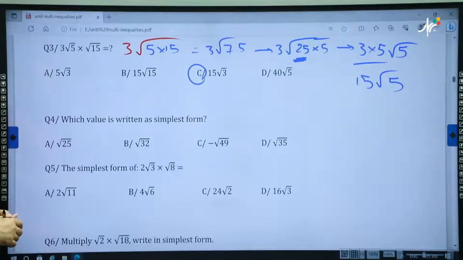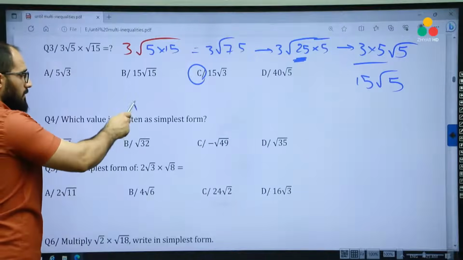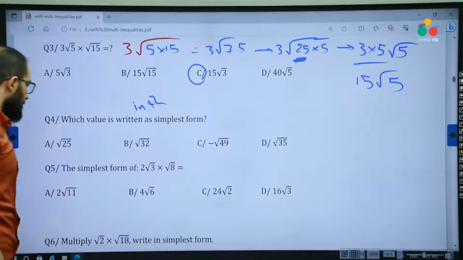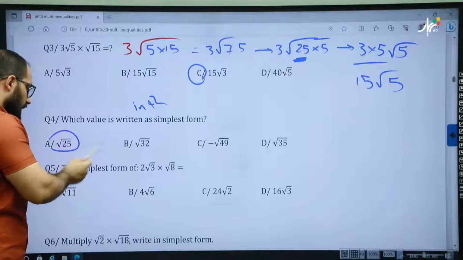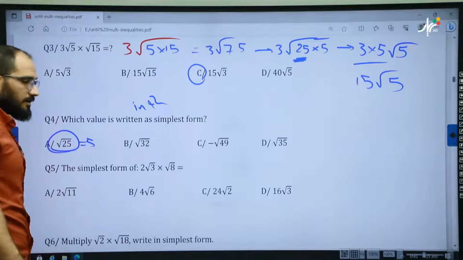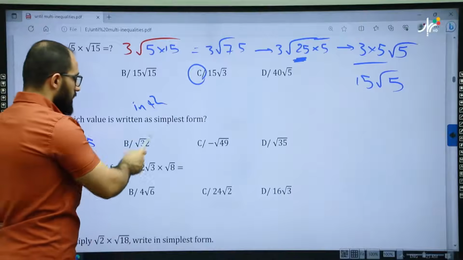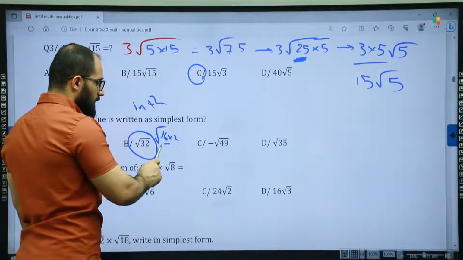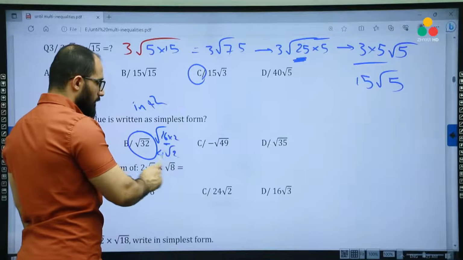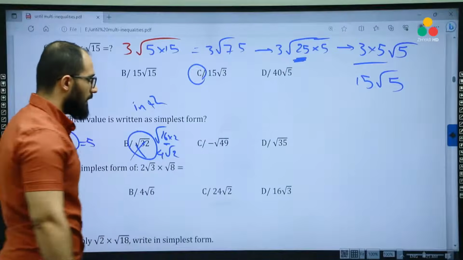Question 4, which value is written in the simplest form? How do you know that they are written in the simplest form? We know that the square root of 25 is equal to 5, so it's not in the simplest form. 32 is 16 times 2, the square root of 16 is 4, so it's 4 square root of 2, so it's not in the simplest form.